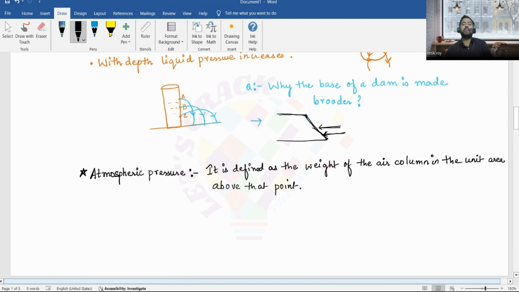Suppose above my head, the weight of the air column applying on this is known as atmospheric pressure.